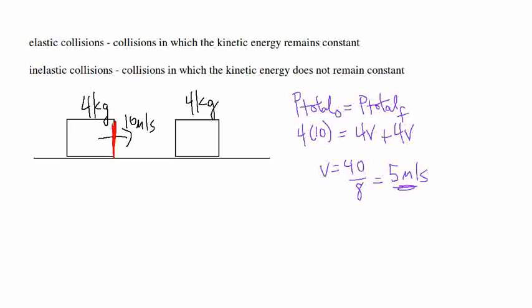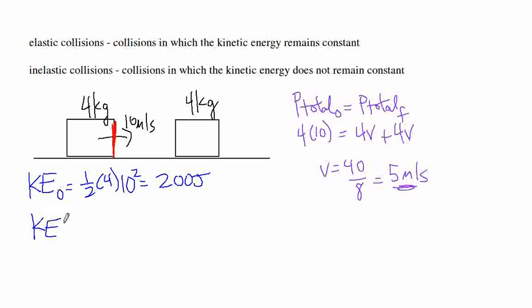Let's now calculate the initial and final kinetic energy. So KE initial was 1/2 times 4 times 10 squared, which is 200 joules. KE final: both blocks are moving with a velocity of 5 meters per second, and they're stuck together.